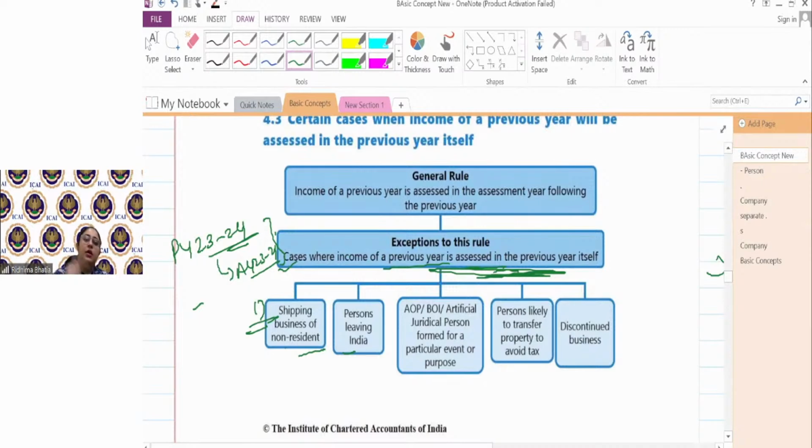Passengers boarded in Singapore and are coming to India. Now that income technically, to some extent, is of India, because you take freight to come to India. Think yourself as a shipping company, you are taking freight from the passengers to come to India. So technically, some part of the income is of India also. But if the shipping company would come to India, drop the people, and then go back, how would income tax authorities catch hold of them?